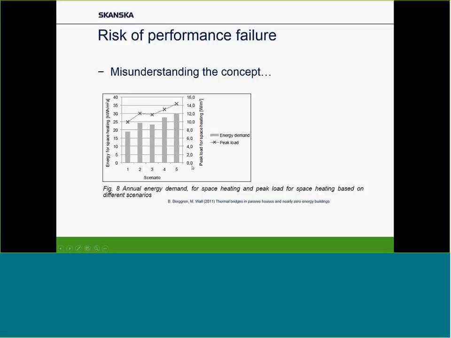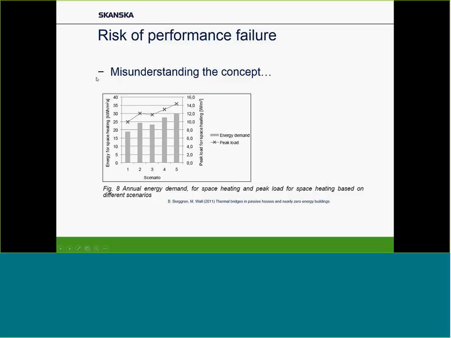As you can see, maybe if you have a lot of other things to consider, energy demand for heating, this is more or less a passive house, varies quite a lot, but since you have other stuff, it may not be so important. It varies from 20 to 30 kilowatt hours per square meter and year. However, the peak load for heating varies from 10 to more than 14 watts per square meter.